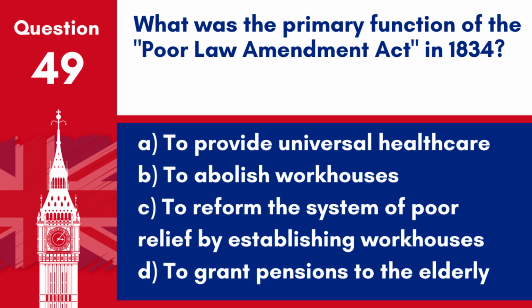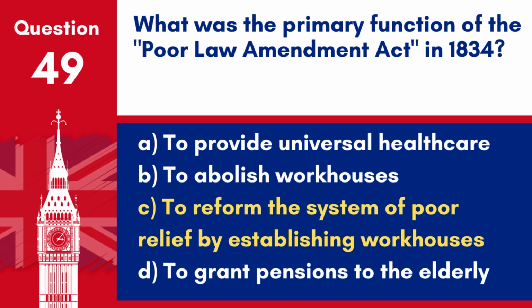Question 49. What was the primary function of the Poor Law Amendment Act in 1834? A. To provide universal health care. B. To abolish workhouses. C. To reform the system of poor relief by establishing workhouses. D. To grant pensions to the elderly.